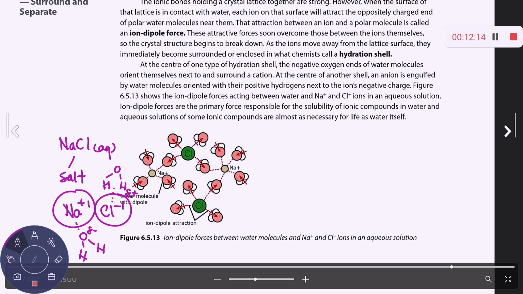So when water molecules or other solvents surround ions in solution, it's called a hydration shell. This is what it looks like here in the figure. But I just want to emphasize this only exists in solution. Nothing on that lab is in solution. Okay?